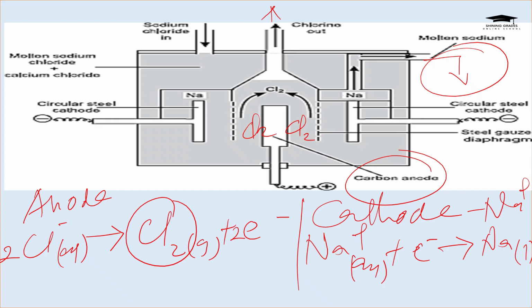And we had lost 2 electrons. We also have to balance sodium ions and electrons with 2 to make them 2 electrons. So that is how sodium metal is formed. That is how sodium metal is produced together with chlorine, which is also subjected to other uses.